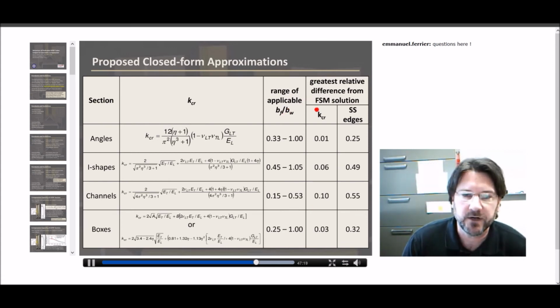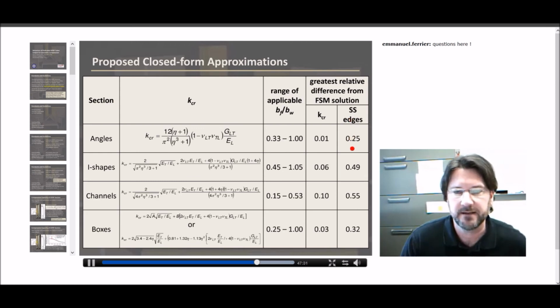And we compared then our predictions to those of the current code over here on the far right, and we see that we have a very significant relative difference based on these simply supported edge conditions, up to greater than 50% when we're talking about channels, and somewhere around 50% when we're talking about I shapes.